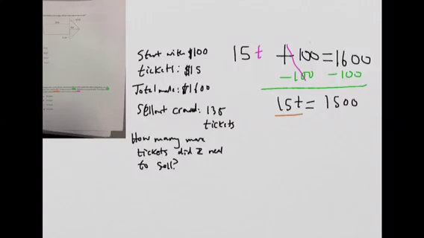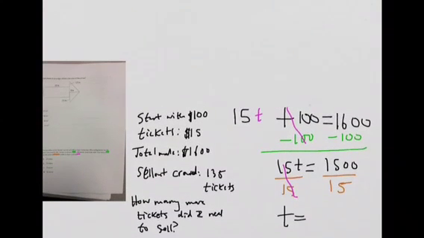Now I will divide both sides by 15 because it's the inverse operation here. Inverse operation, this is multiplication, so I'm going to divide. What I do to one side, I must do to the other. So these cancel here. I'm left with t is equal to 1,500 divided by 15.